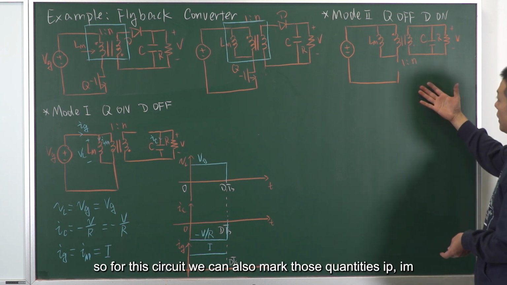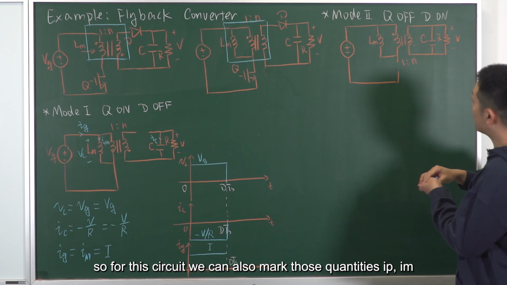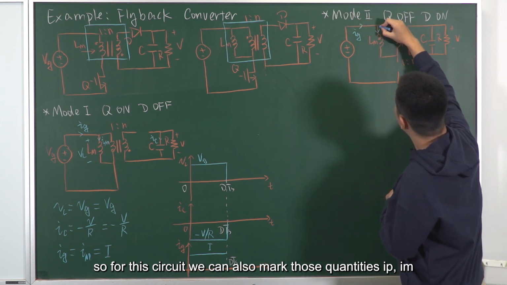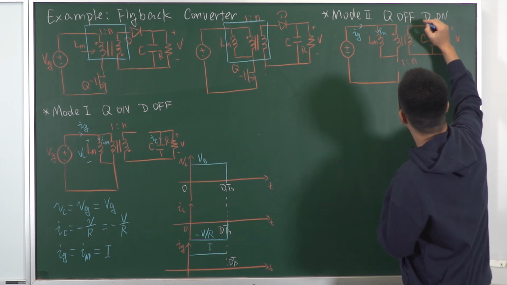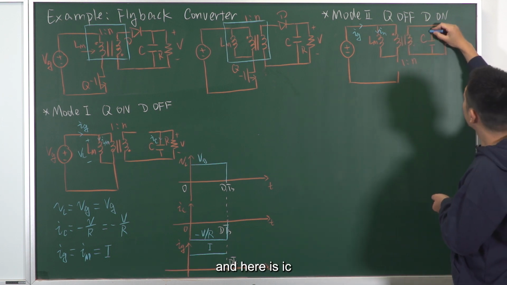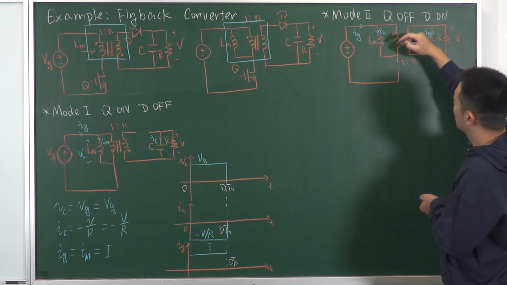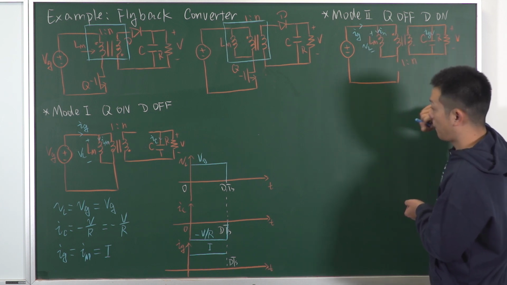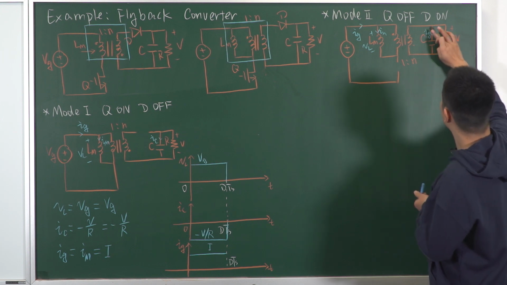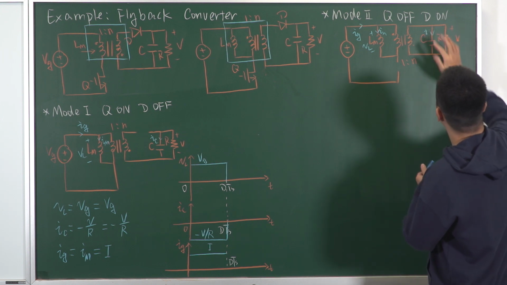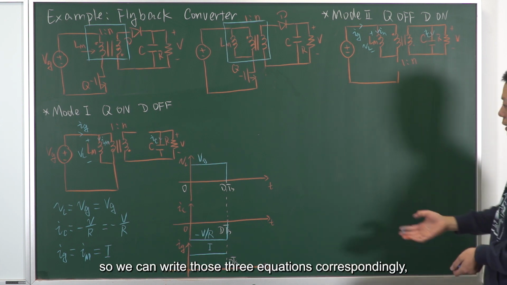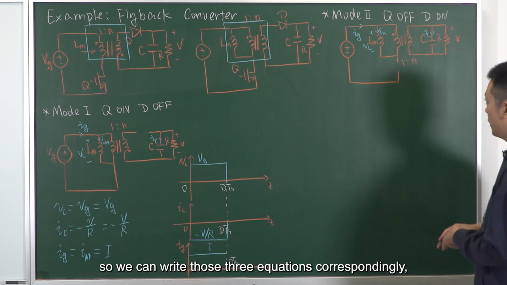For this circuit, we can also mark those quantities, Ig, Im, and here is IC. Here is the voltage VL. So we can write those three equations correspondingly.